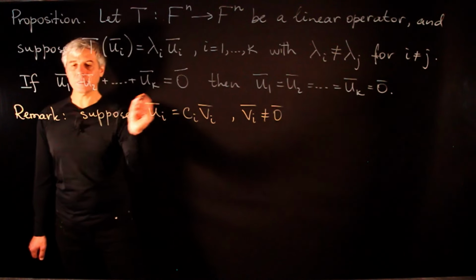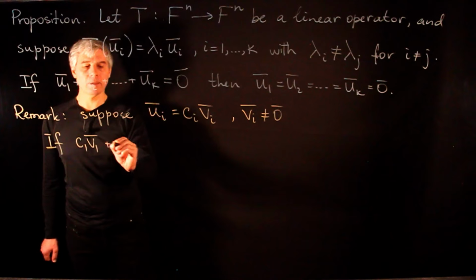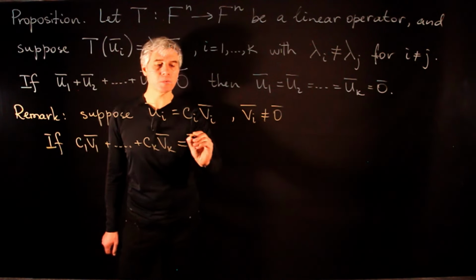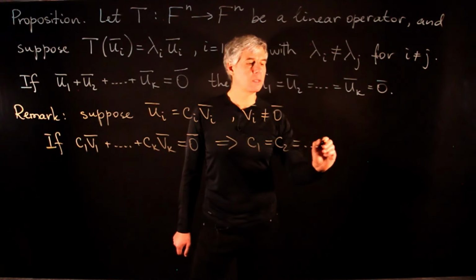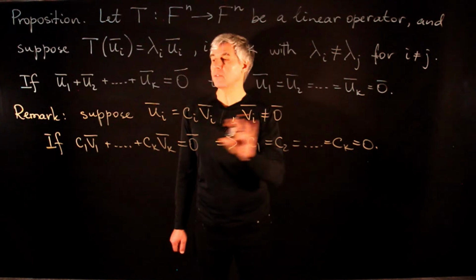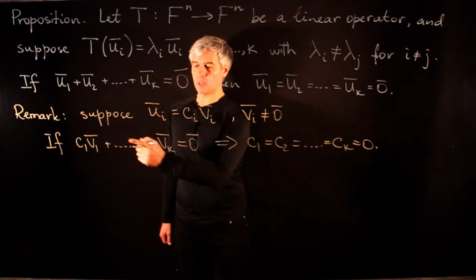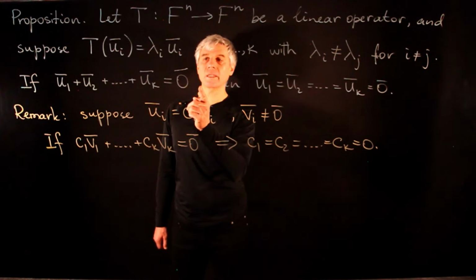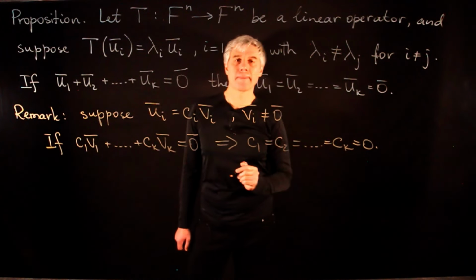Then we could have stated this as: if c1 v1 plus ... plus ck vk is equal to 0, then this implies that c1, c2, ..., ck are equal to 0. This is an equivalent statement of this proposition, and it is the statement of linear independence in its pure form. But for us here, it is technically more convenient to state this proposition in this way.